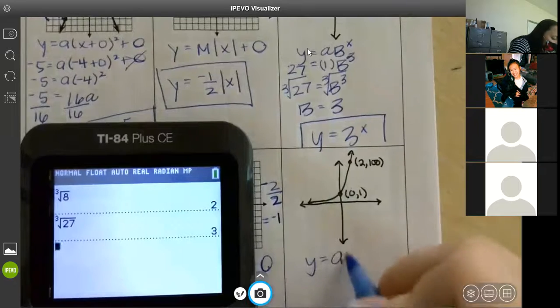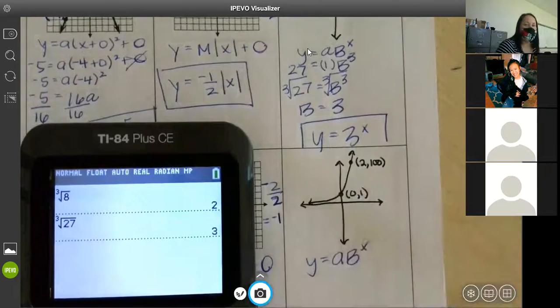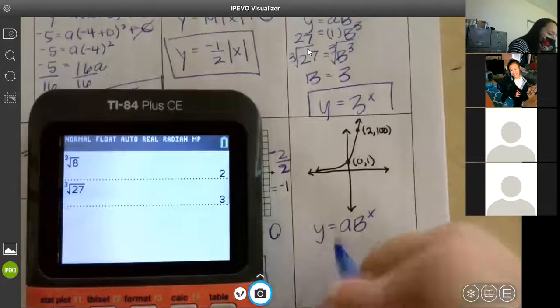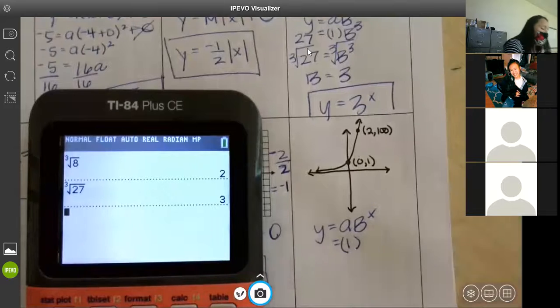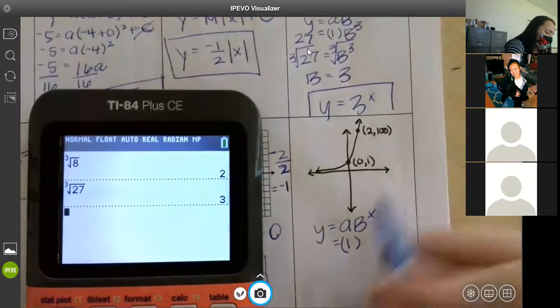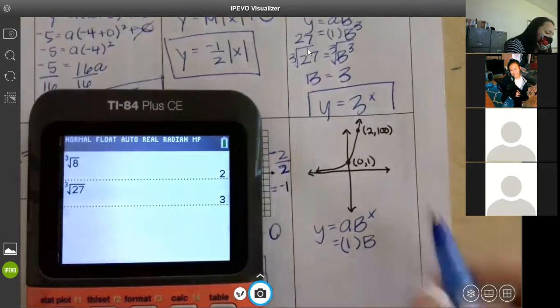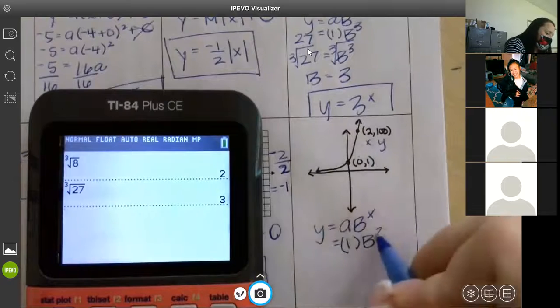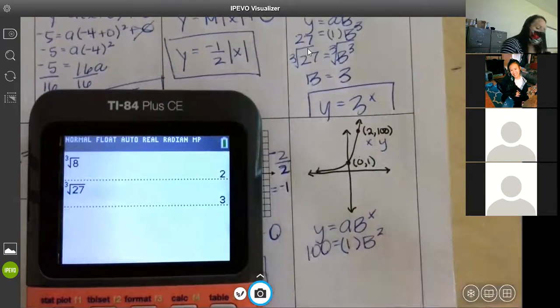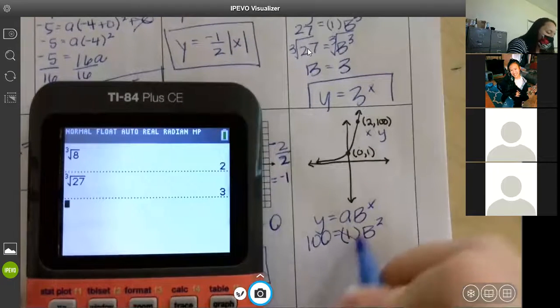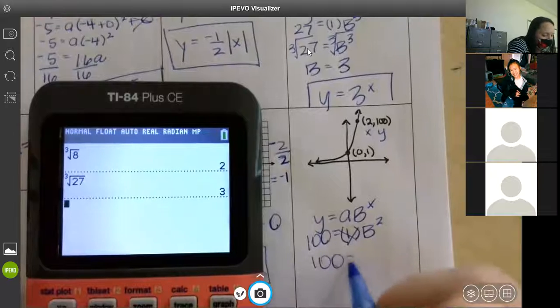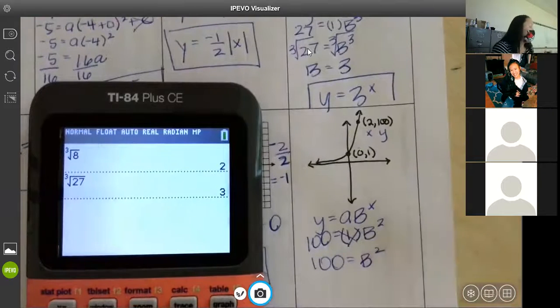The next one, y equals ab to the x. We have our y-intercept at 1 again. That will change eventually. We don't know what b is. And then we have our x and our y. Our x is 2. Our y is 100. So again, the 1 doesn't matter. You shouldn't need your calculator for this.